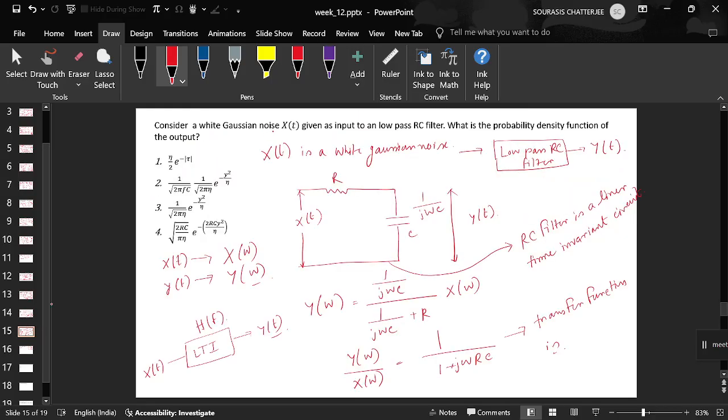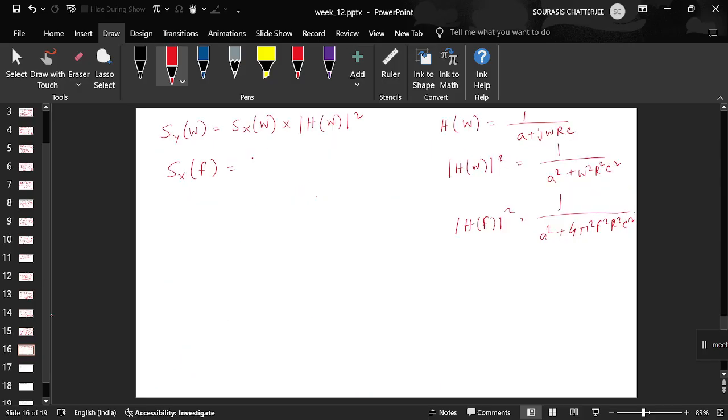Because x is already mentioned as white Gaussian noise, its power spectral density is going to be eta over 2 in standard notation over the whole spectrum, that is, absolute value of f less than or equal to infinity, covering minus infinity to infinity. So we have the power spectral density of y as eta over 2 divided by 1 plus 4 pi squared f squared R squared C squared.